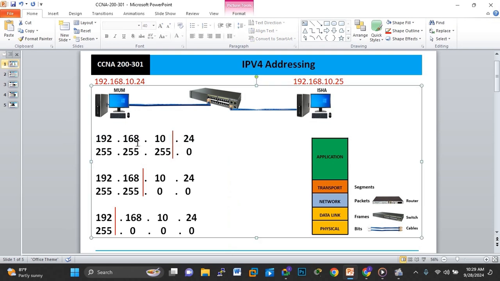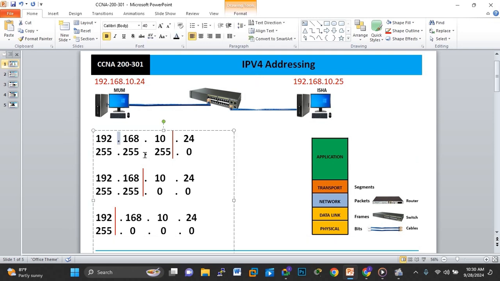Then this 4-digit is being separated by what? By dot, by period, by these 3 periods. Every digit you are seeing here ranges from 0 to 255, 0 to 255, 0 to 255.